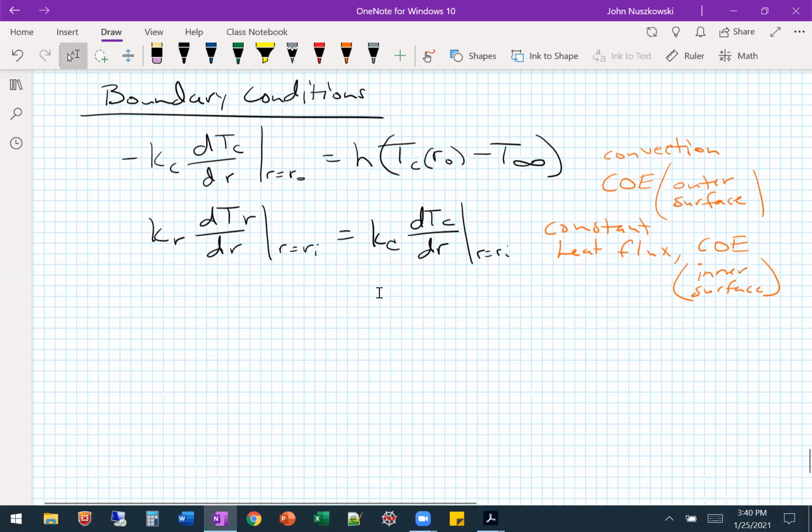All right, so we need 2 more. Any ideas? These are the trickier ones. So at that interface where they meet, we have thermal equilibrium, which means the temperature of the rod at Ri is equal to the temperature of the cladding at Ri. So this is constant surface temperature.